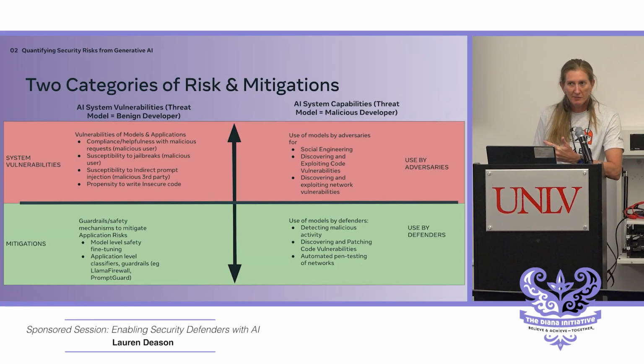In terms of model level safety, we might think of fine-tuning the model to refuse things it's not supposed to talk about, or not to release sensitive information. At the application level, you might think about guardrails, like some of my colleagues presented about this morning for Meta: things like Llama Firewall and Prompt Guard. These are classifiers at the application level that you can put in between the LLM and the application.